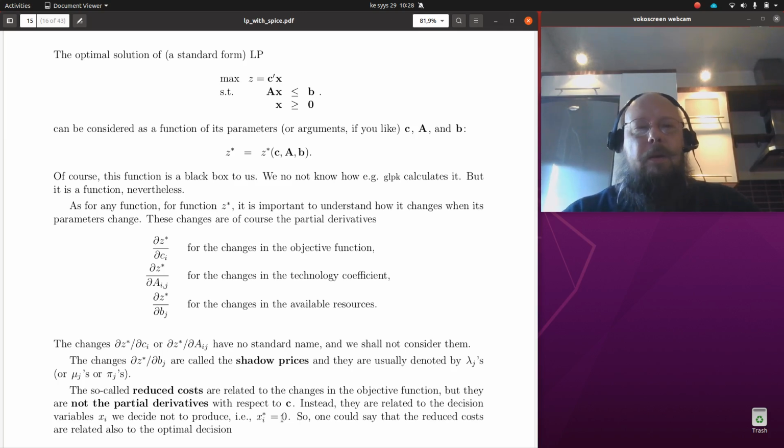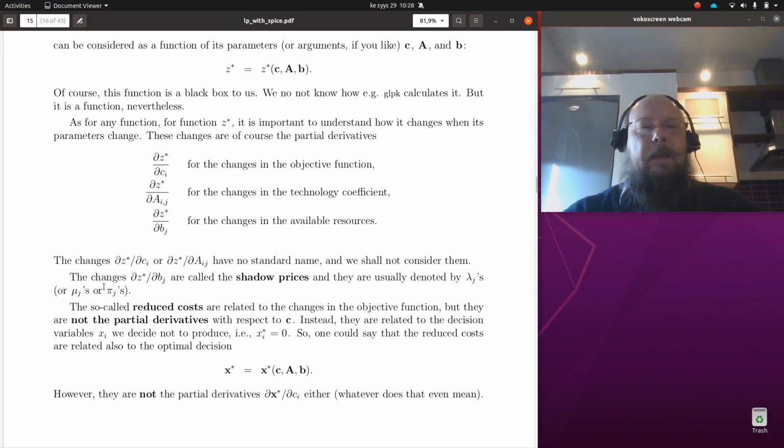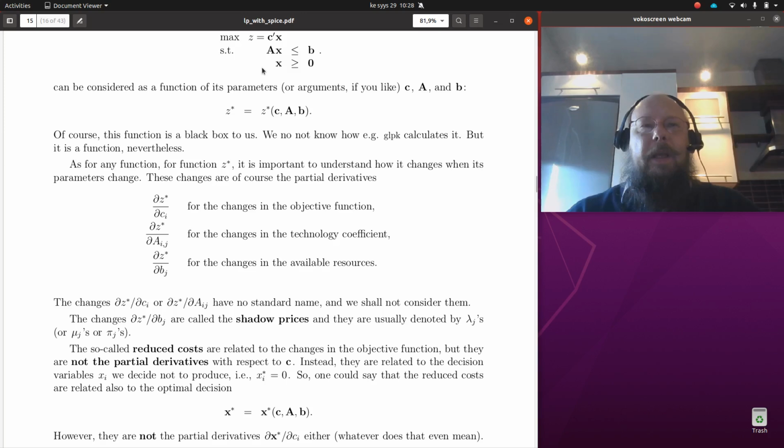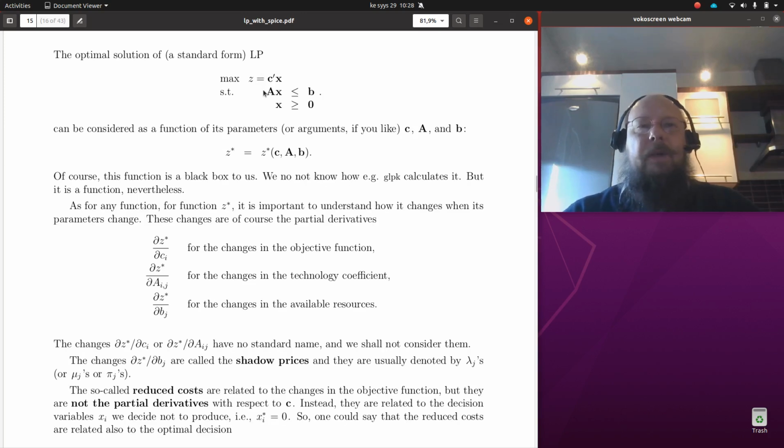So in that sense, the reduced costs are also related to the optimal decision, not only the optimal value. Here I just say that we can think of this LP as a function of these parameters, but what are the outputs?